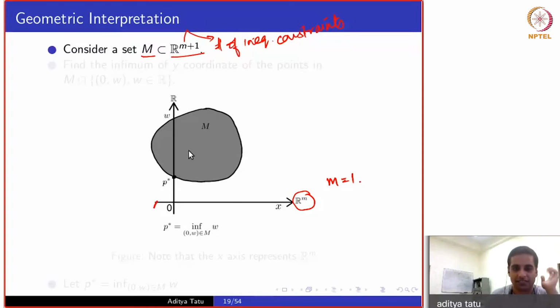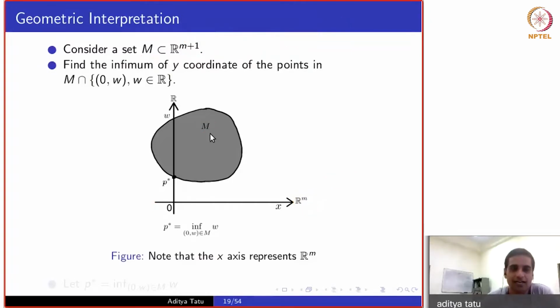Once again, consider this set M as shown in this picture, this entire shaded area. I want to find the y coordinate of the point which is in set M but is also lying on the y axis.